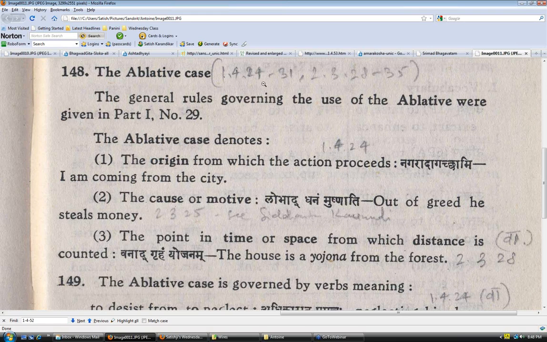Let's take 1.4.24; my guess is that the very first sutram, 1.4.24, will define apadanam, and of course the next ones also. And 2.3.28 will say apadane panchami, so panchami will be assigned.